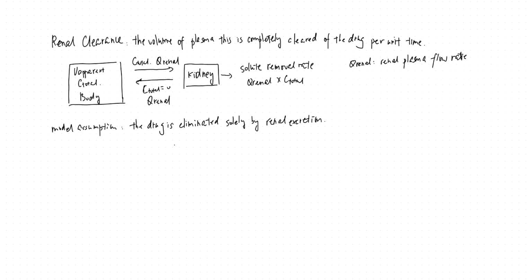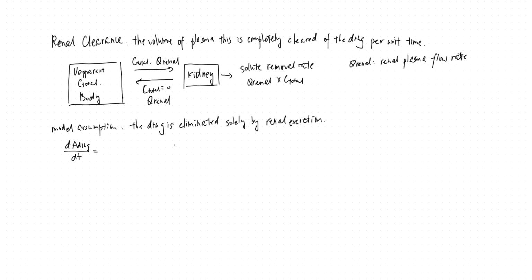So dA drug dt equals the rate being removed. This is the accumulation. We have the equation: accumulation equals in minus out plus generation minus consumption. And this is the accumulation, dA drug dt.